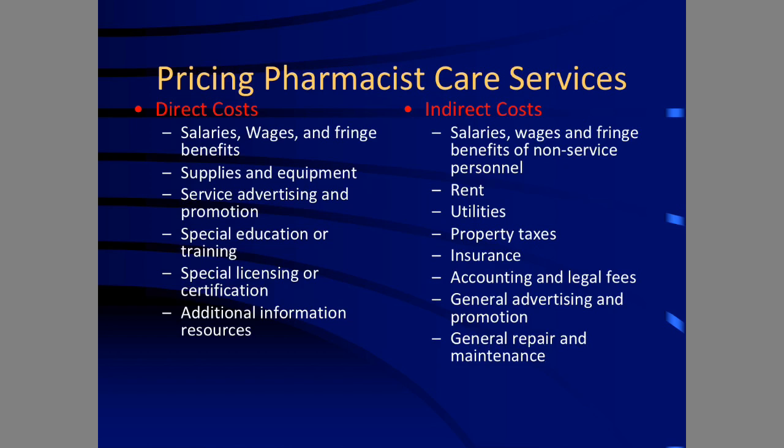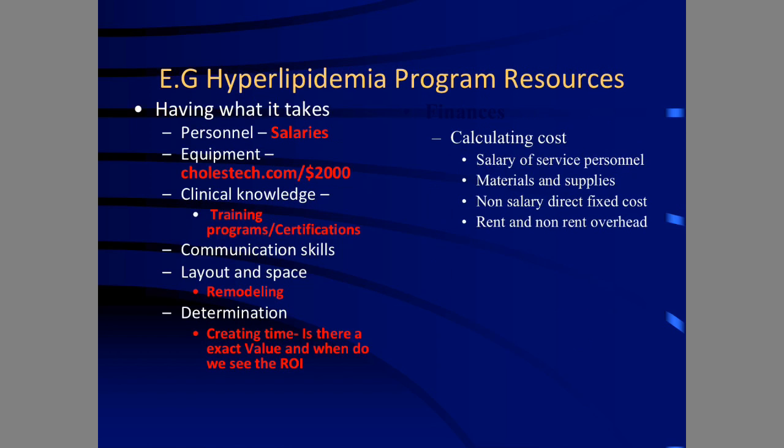So, for example, say that we are trying to do a hyperlipidemia program. And maybe in our hyperlipidemia program, we are going to have technicians and pharmacists. We may do testing. Maybe we're going to do cholesterol testing, and so we may purchase a fixed item like a cholesterol machine.